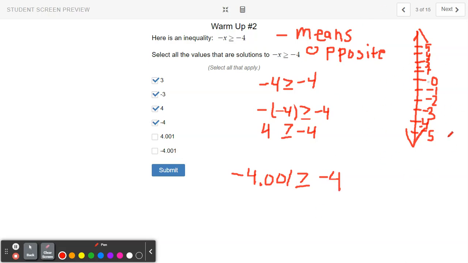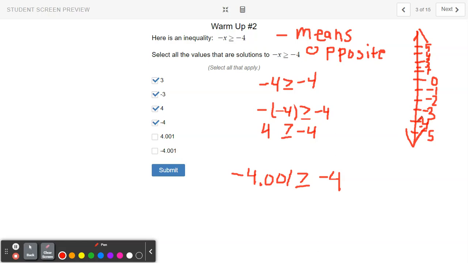So let's consider that on the number line. Negative 4 is our target number. It's right here, right? So if this is negative 4, this number, negative 4.001, is actually closer to negative 5 than it is to negative 3.